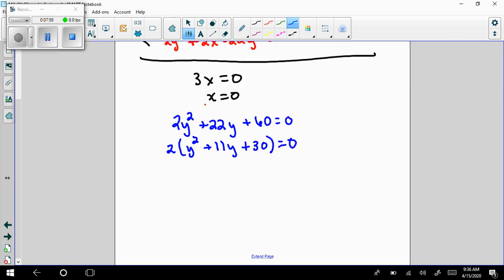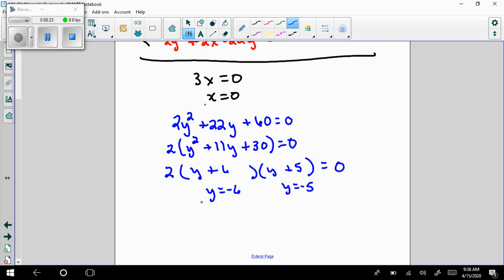So now I have a quadratic to solve. So I get 2 numbers that multiply to 30 and add to 11. So that's going to be 6 and 5. So here I get y equals -6 and y equals -5.